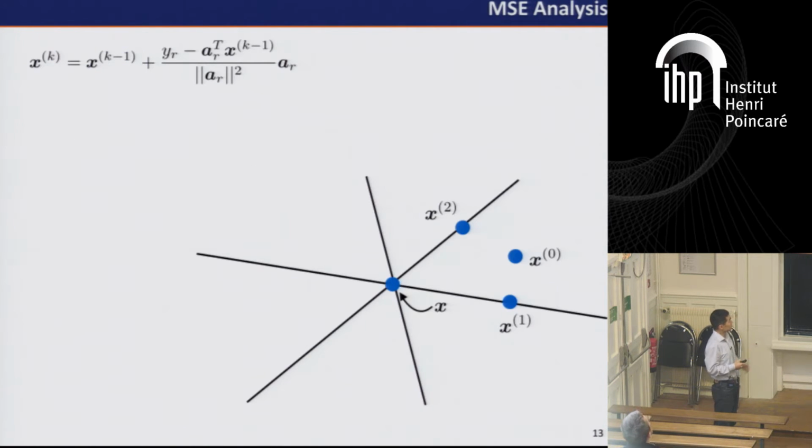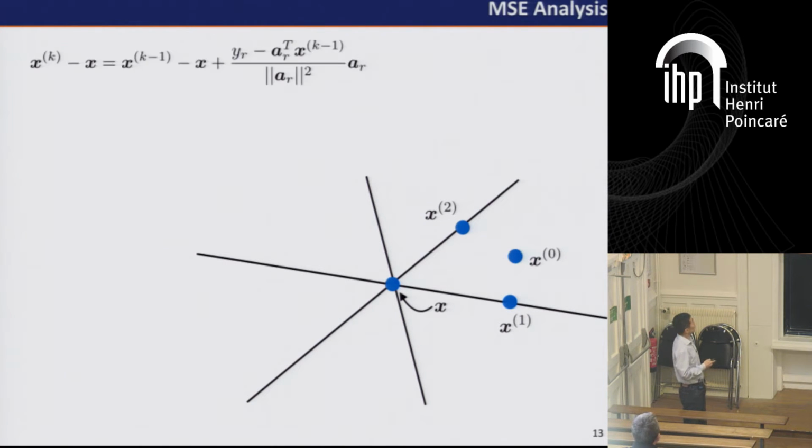So here, this is the first thing I want to talk about, and here's a way to analyze this algorithm. We have a recursive formula, for example, for this simple Kaczmarz algorithm. And because we care about the error, let's subtract from both sides of the equation the true signal, the true vector x.